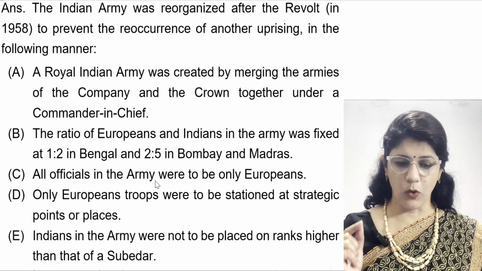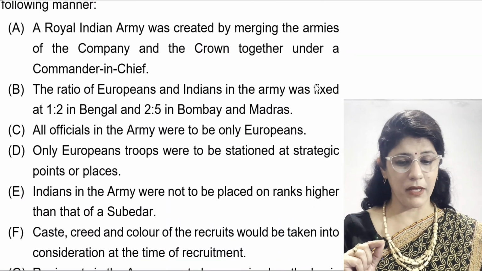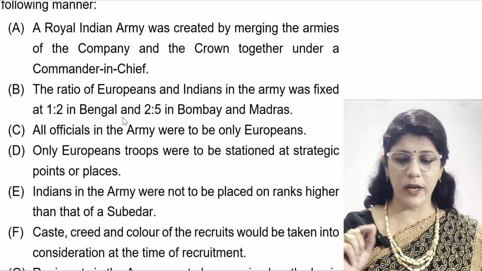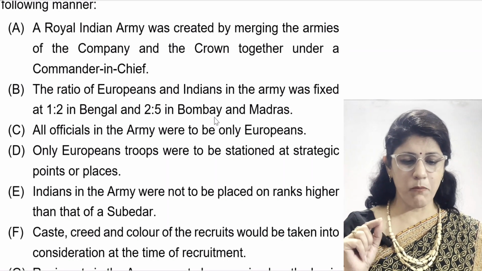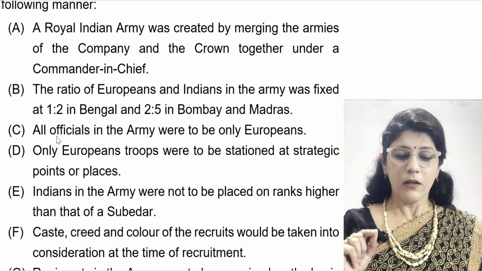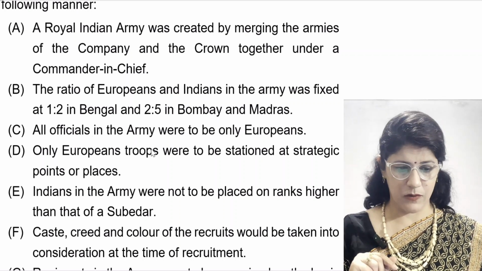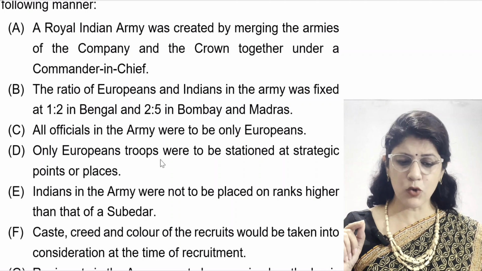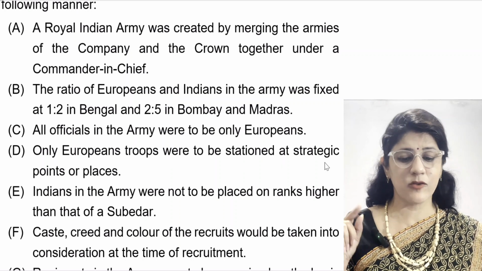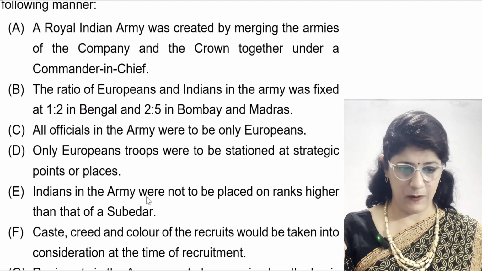Second, the ratio of the Europeans and Indians in the army was fixed as 1:2 in Bengal and 2:5 in Bombay and Madras. Third, all officials in the army were to be only Europeans. Fourth, only European troops were to be stationed at strategic points or places.